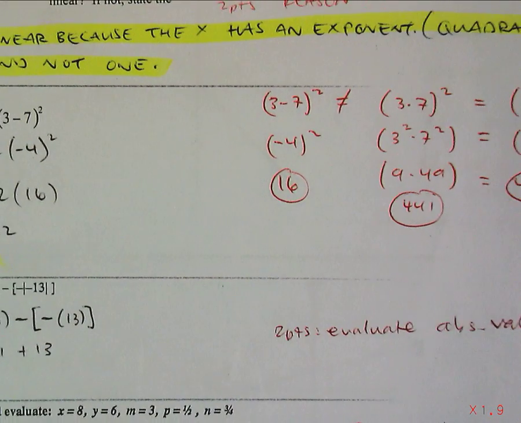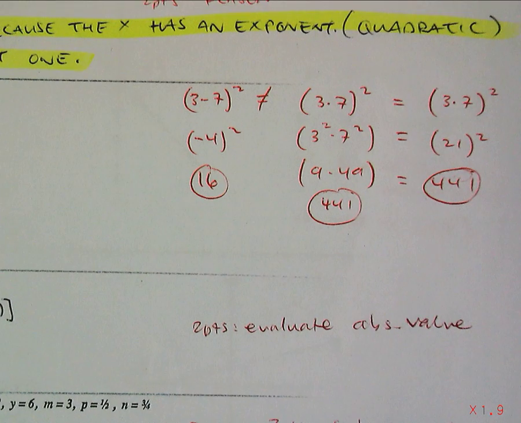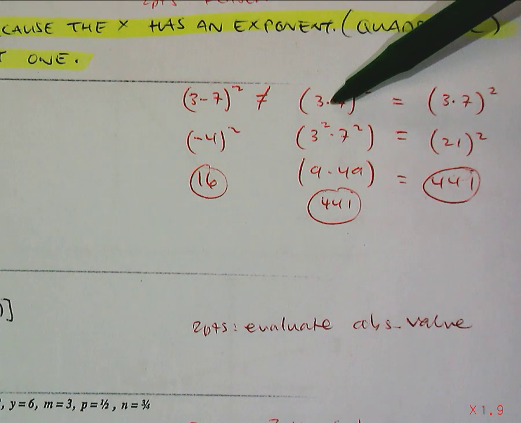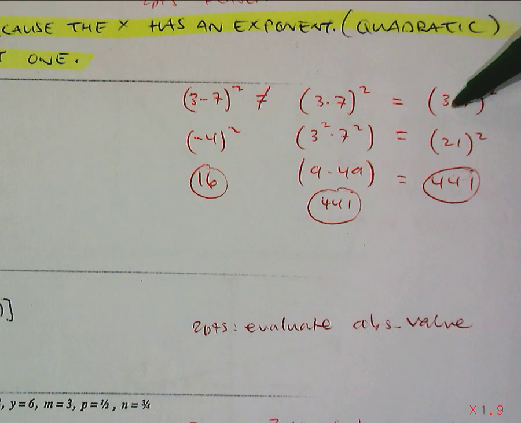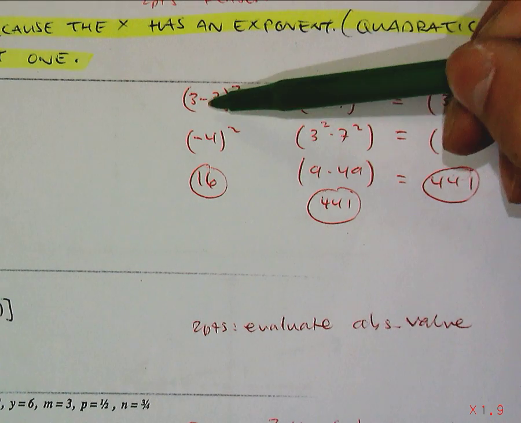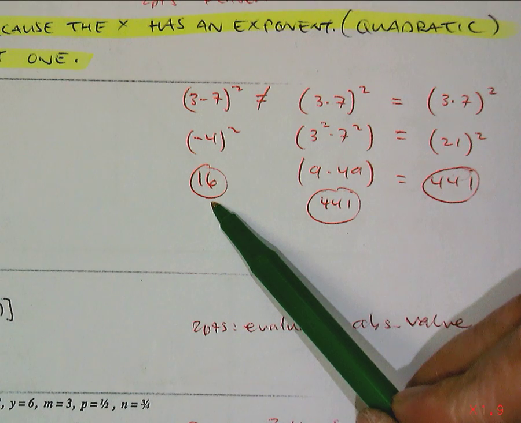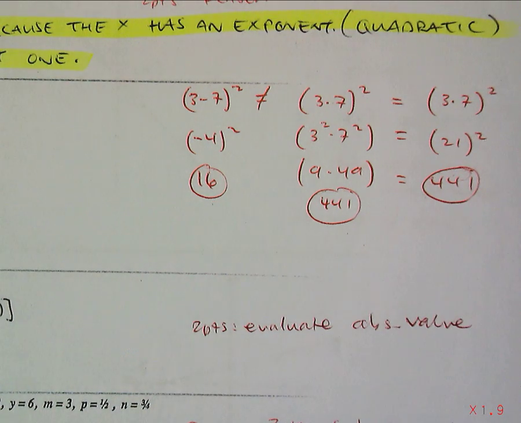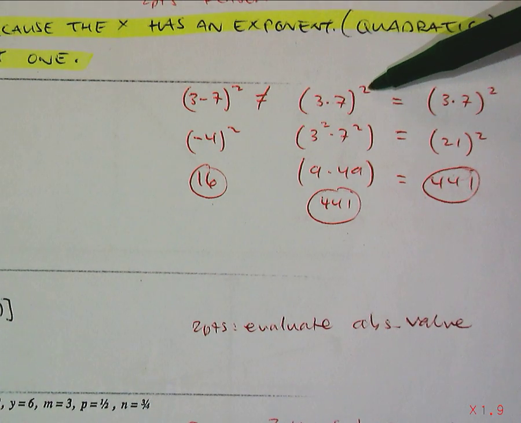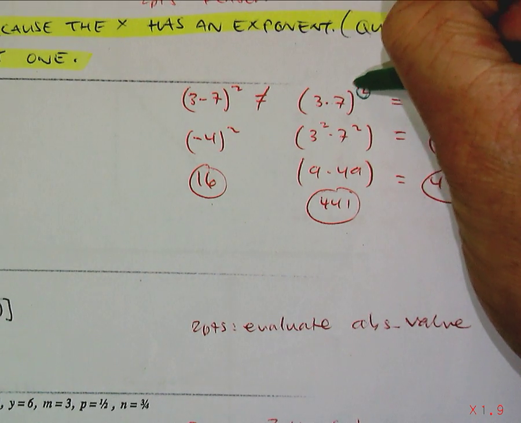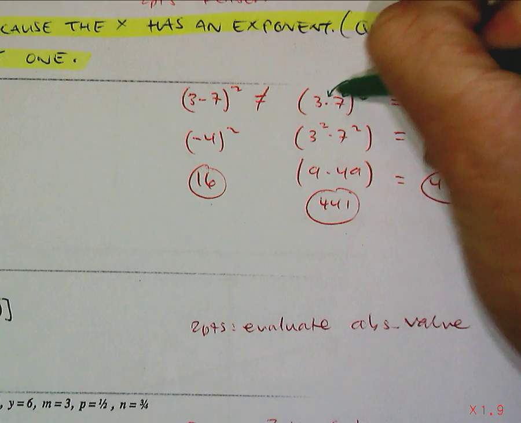Now, some students are trying to use distributing the exponent. Distributing the exponent here only works when it's multiplication. In the original problem, it's not, it's subtraction. So the correct answer is 16. And here's the reason why: where students are getting that distributing the exponent from is the power rule of exponents, which essentially means you can distribute this 2 here to each of its factors.